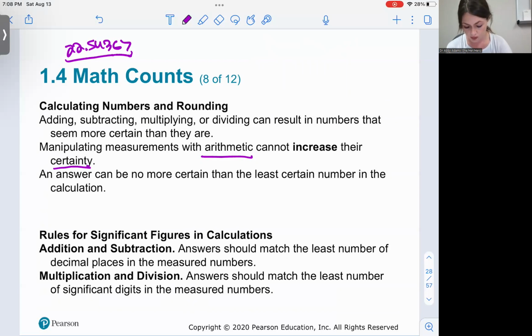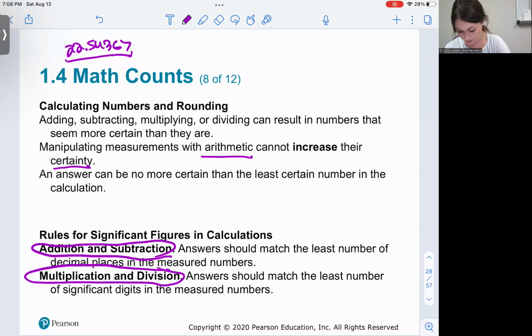There are rules for addition and subtraction, and then there are rules for multiplication and division. It's different. Be careful. So keep separate and keep in mind whether it's addition and subtraction or multiplication and division. If you don't, then you probably get the answer wrong. So the answers for addition and subtraction should match the least number of decimal places in the measured numbers.